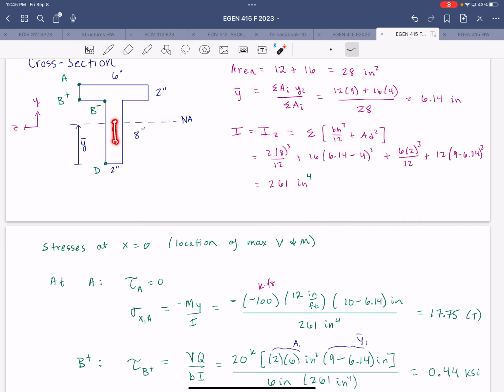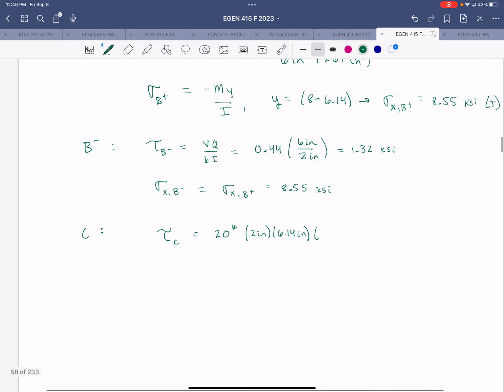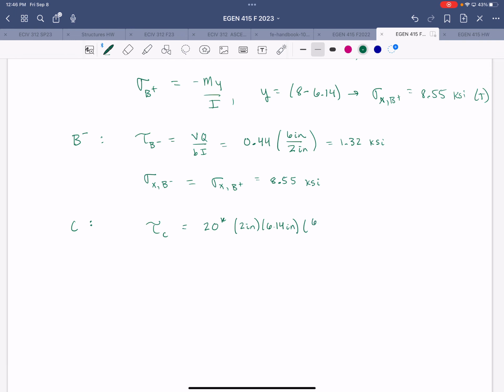The distance from C to the centroid of the area below. So that's going to be 6.14 over 2. And I'll note what these are. So that's the area below C, and this will be the y bar for that area.